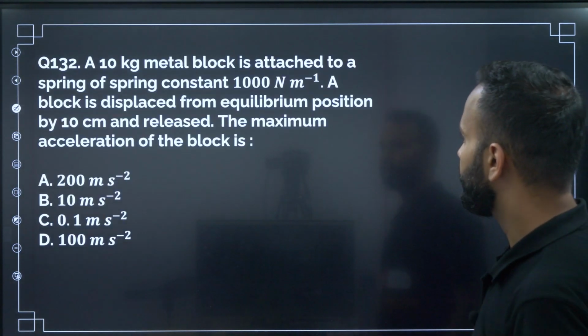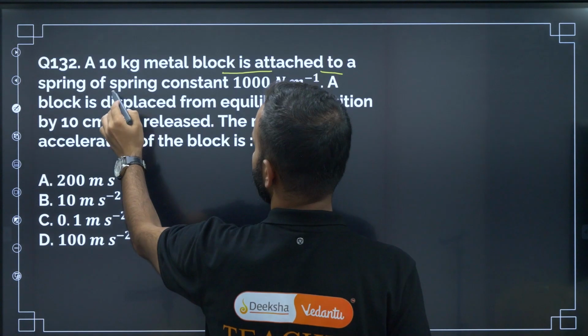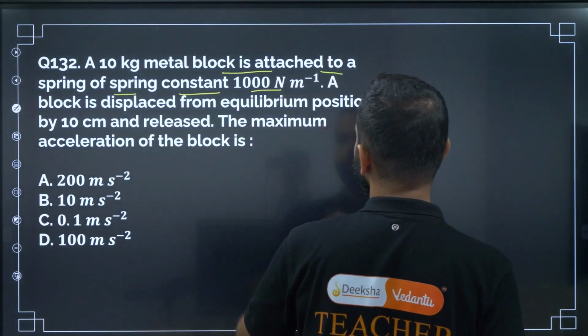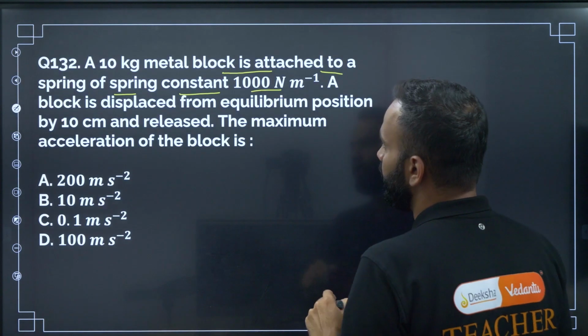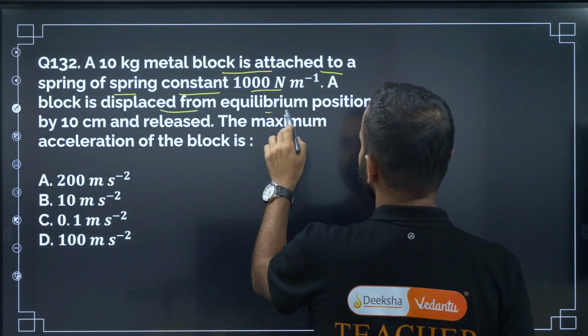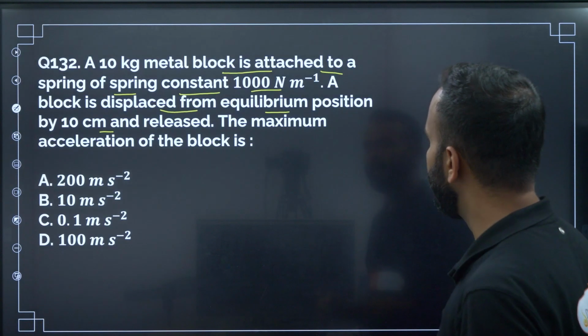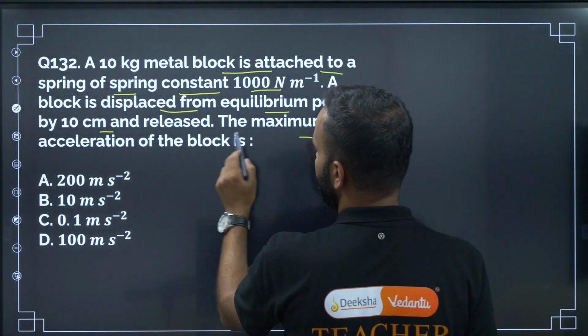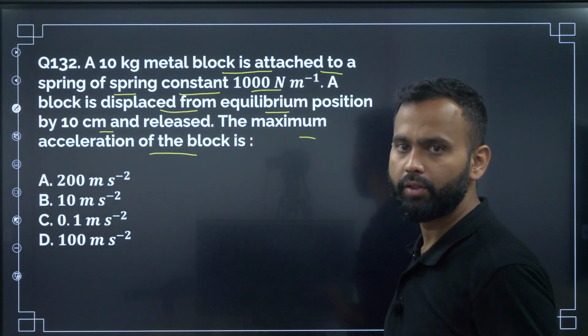Next question, 132. A 10 kg metal block is attached to a spring of spring constant 1000 Newton per meter. The block is displaced from equilibrium position by 10 centimeter and released. The maximum acceleration of the block. So here you don't need to draw the diagram and all, okay?